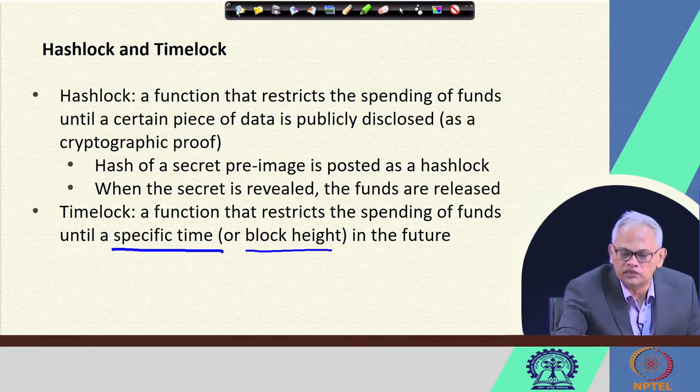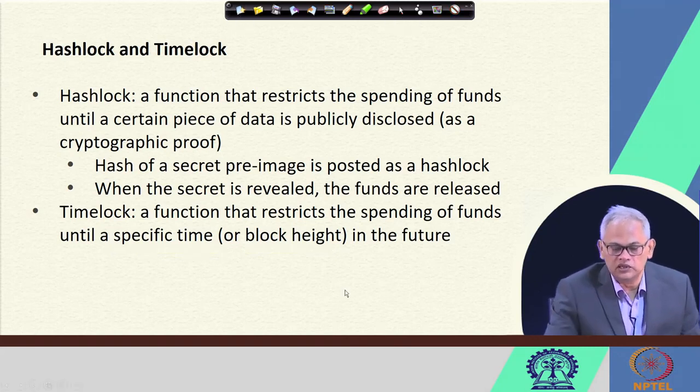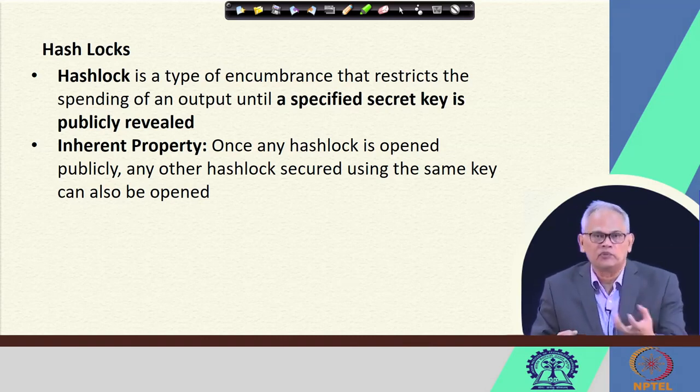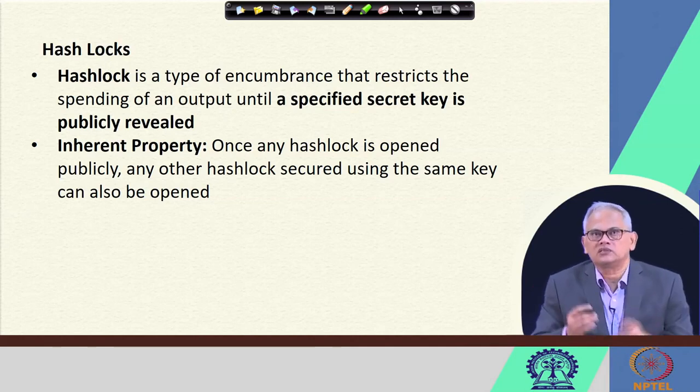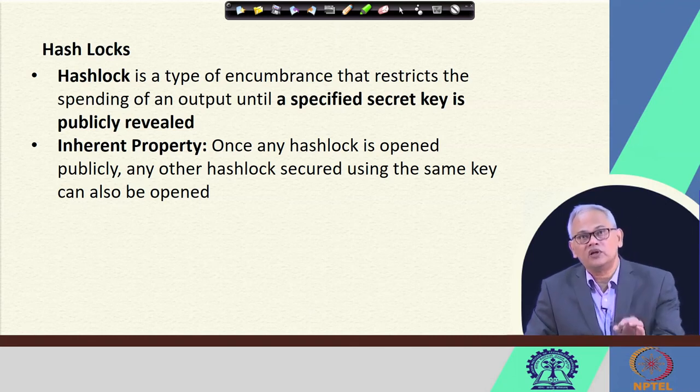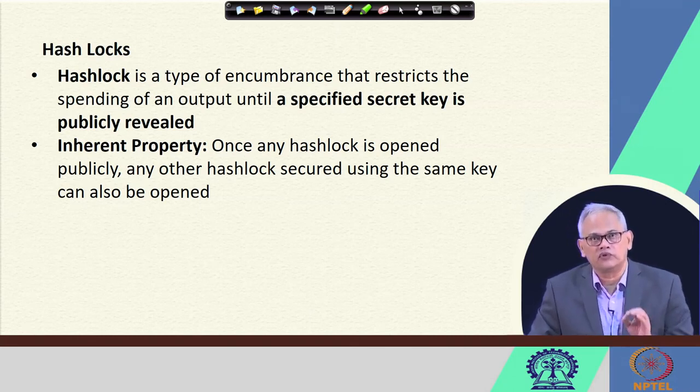So, what we do here is see how they actually work. As we said, hash lock is a type of encumbrance. It blocks something, restricting the spending of an amount until a specified secret key is publicly revealed.